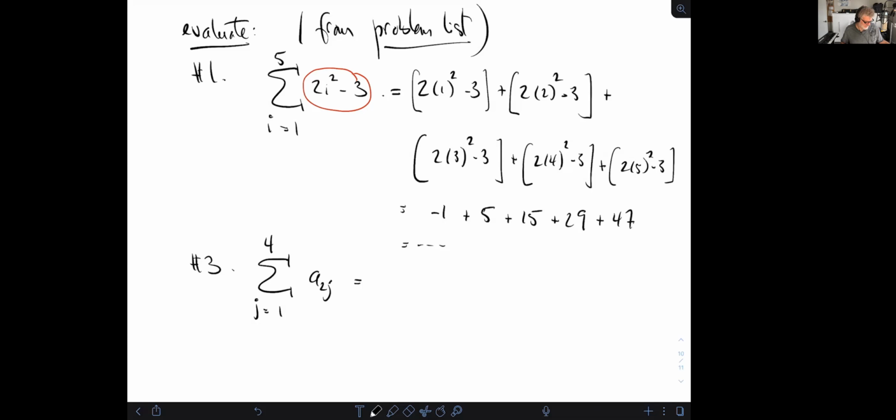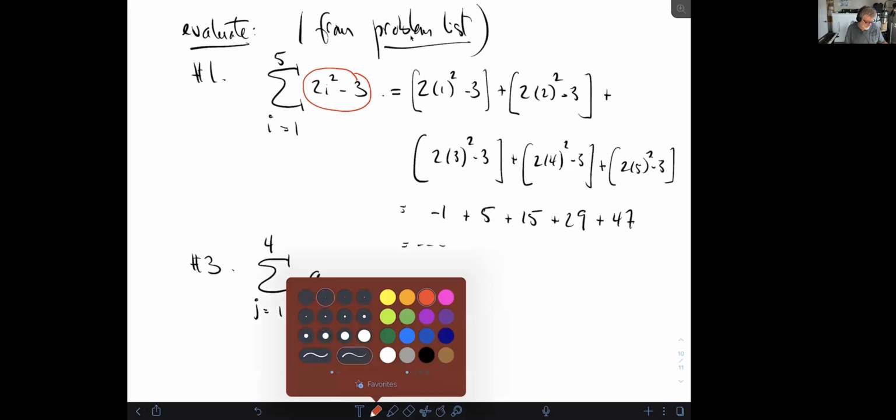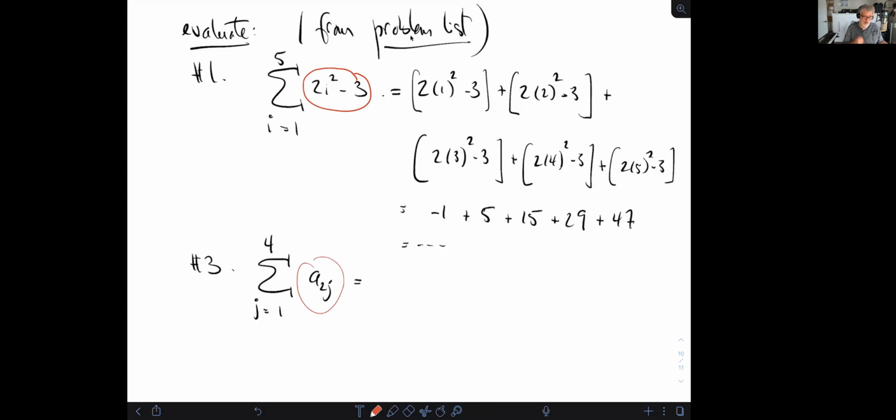Okay, so a index 2j, we don't know what the values of these are. We're not given them, right? But again, it's the same thing. So I'm going to evaluate the summand here at all values of the index.